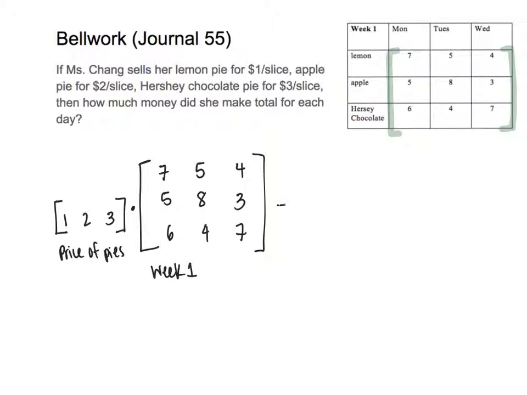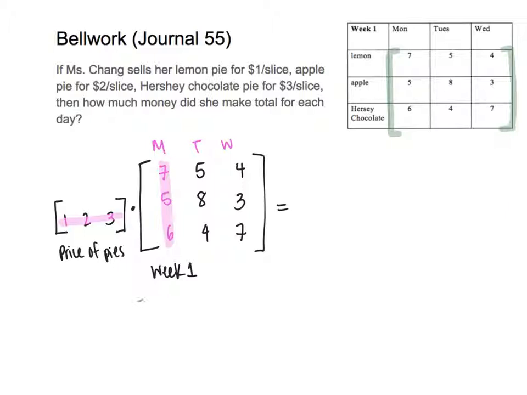And so if I multiply this matrix, let me just find Monday, and then I'll find Tuesday and Wednesday. So for Monday, that would be taking these sets of numbers, the prices, multiplied by just this column. So like I said before, I'm going to take my $1 and multiply it by my 7 pies.